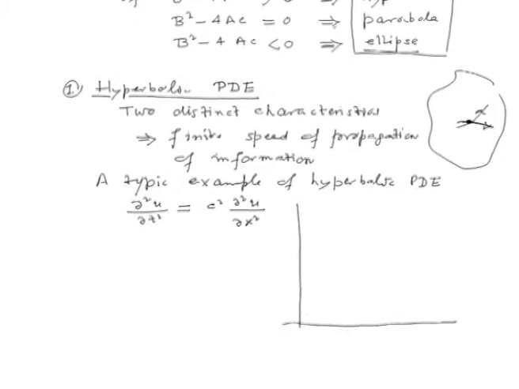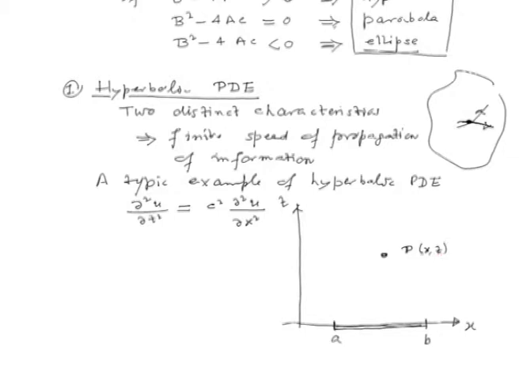We have got two independent variables here, x and t, and suppose the extent of our physical domain in x is along a and b. If you look at any particular point p where we want to see what would happen at a given instant of time, the things at p would be influenced by the information contained in this region, the characteristics which are propagating through p originating from either side.